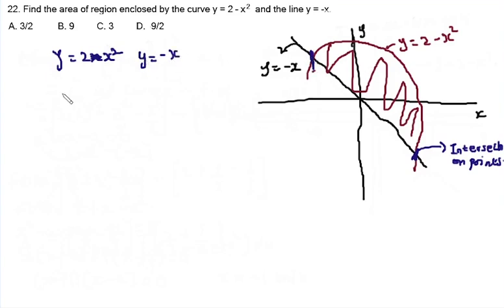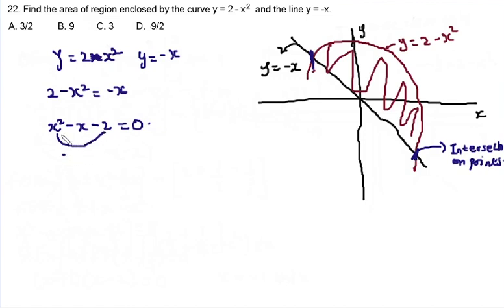Okay, so we can equate them and say 2 minus x squared is equal to minus x. If we move the x and the 2 to the other side, we have x squared minus x minus 2 is equal to 0. So we have a typical quadratic equation here. To solve this, you have to find two factors.